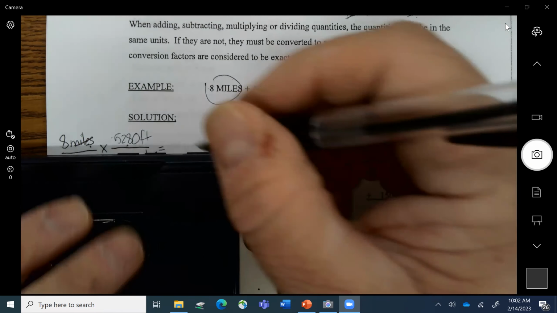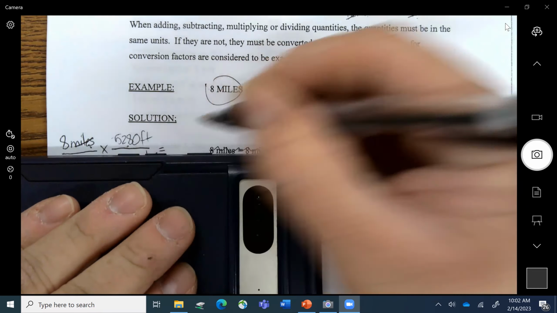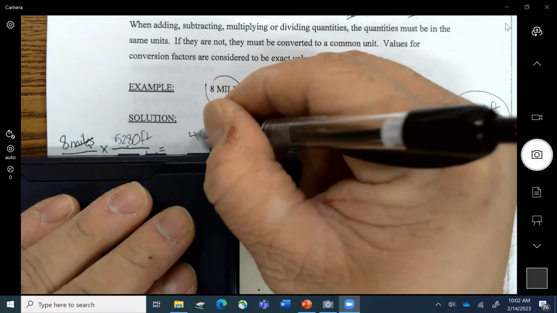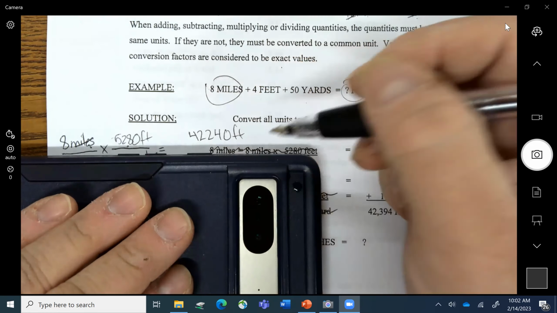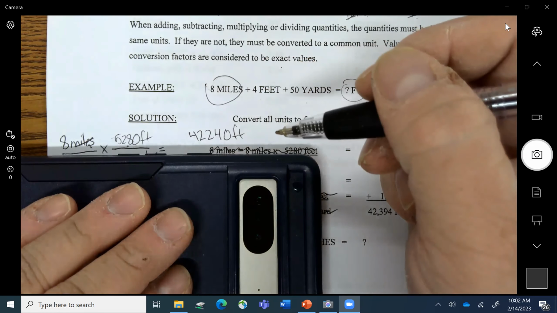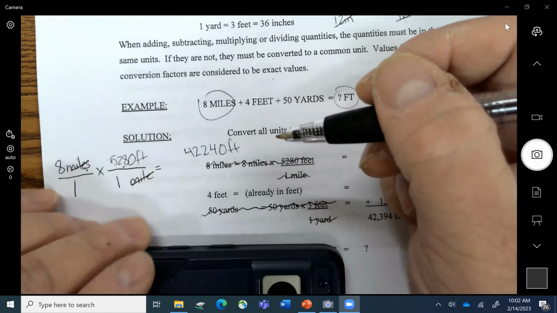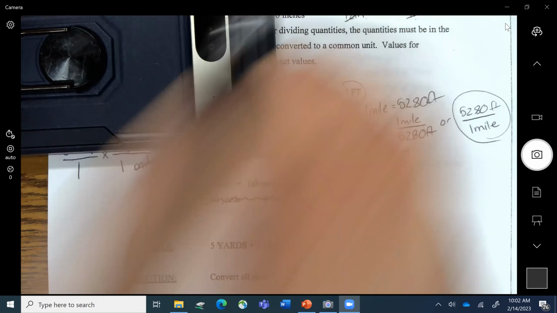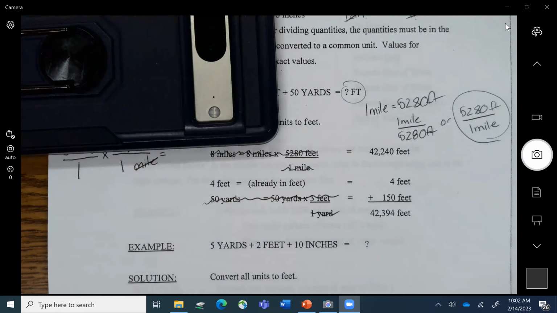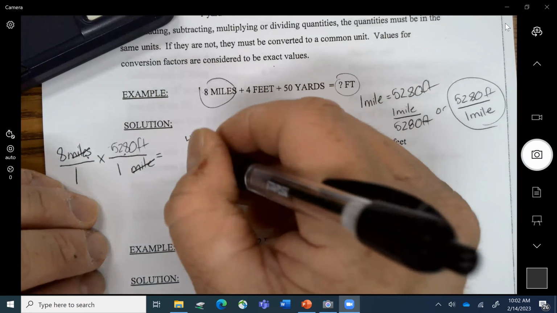Sure does. So I'm going to write 42,240 feet. I'm going to pretend I did that in my calculator, okay? Now, we ignore the top numbers and what's this look like? Well, that looks like it says 1 times 1. What's 1 times 1? Well, it's 1.